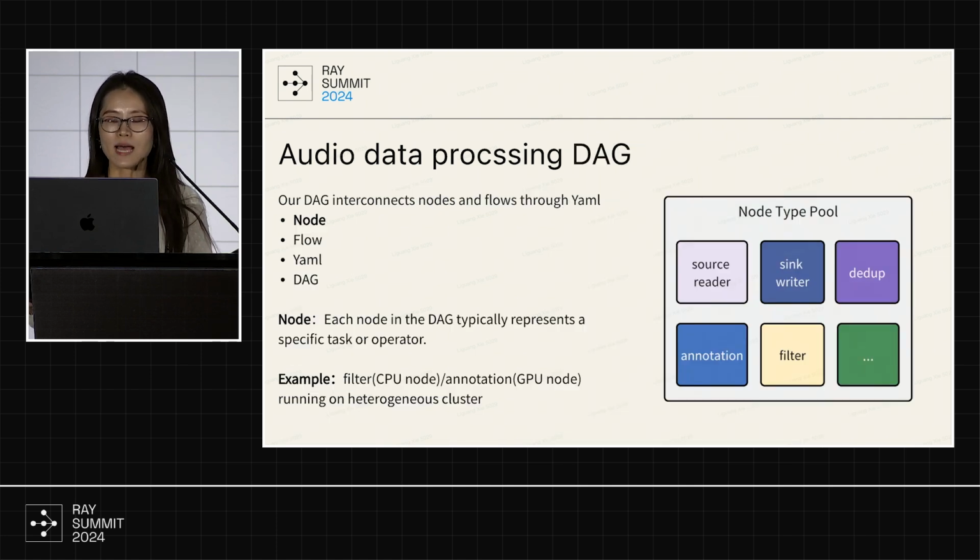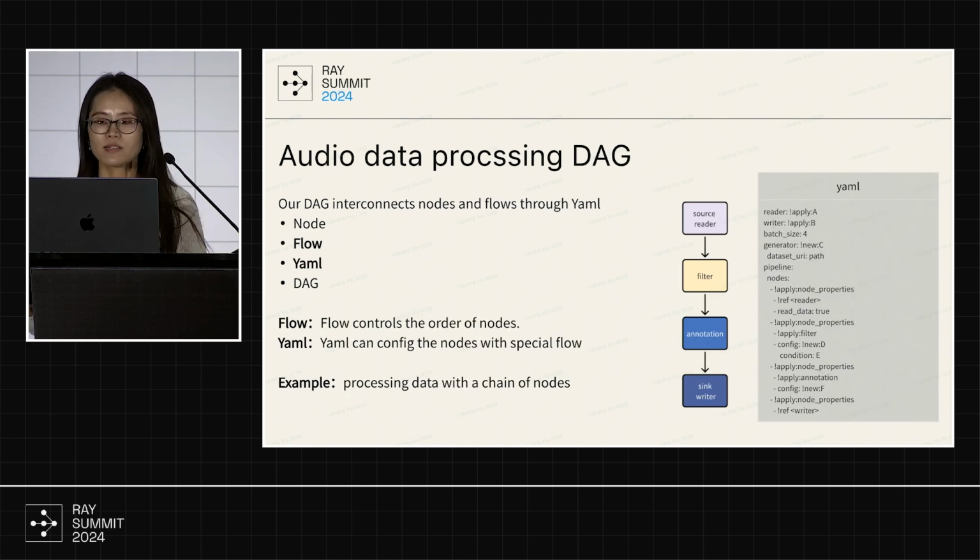The first concept is node. A node typically represents a specific task or operator, such as a filter operator, annotation operator, or deduper operator. Some nodes need CPU resources, and some others need GPU resources.